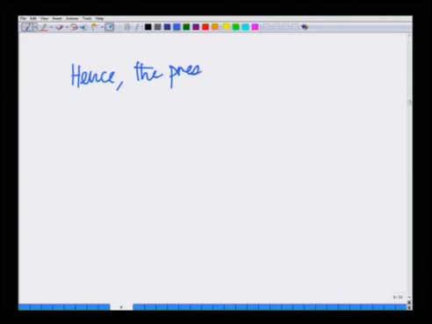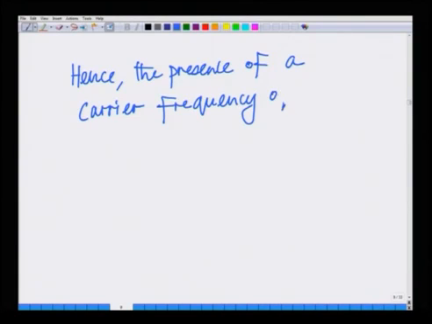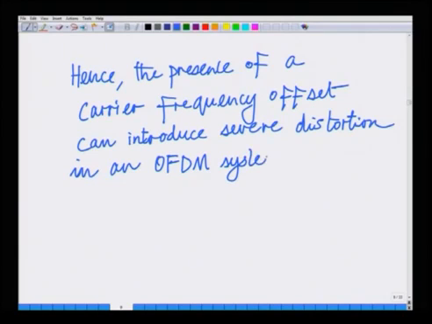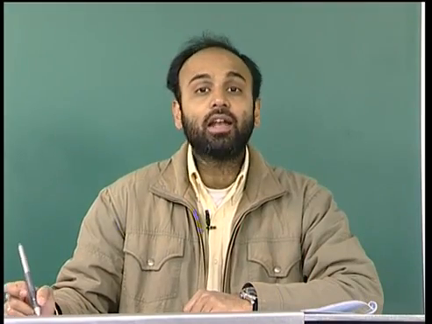The presence of a carrier frequency offset can introduce severe distortion in OFDM, as it results in a loss of orthogonality amongst the subcarriers.